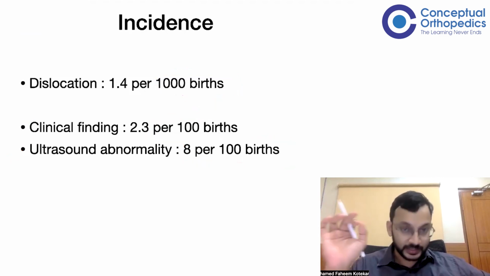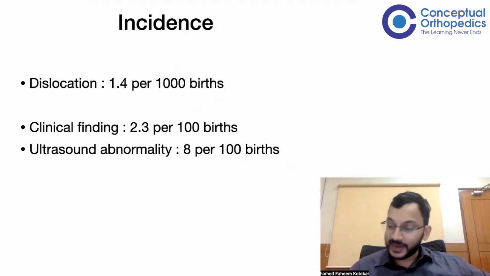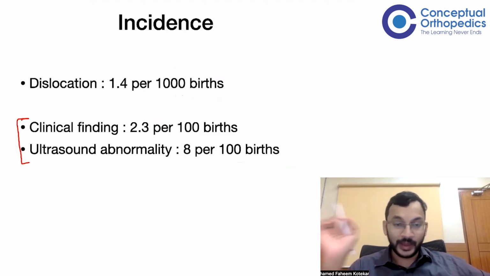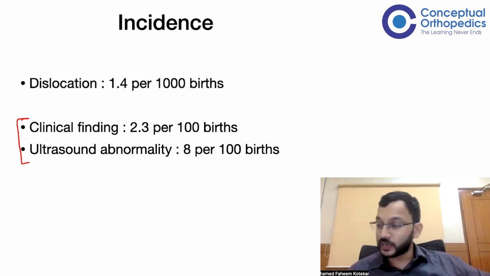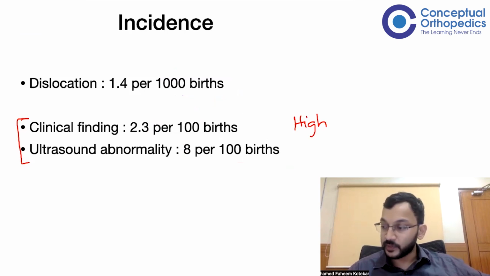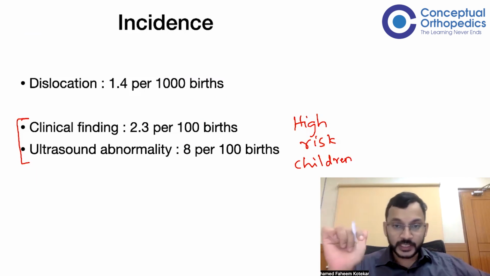There are a couple of reasons. Now, clinical findings and ultrasound abnormalities are going to be seen only in high-risk children. Who are these high-risk children? Firstborn females with a breech presentation and family history.